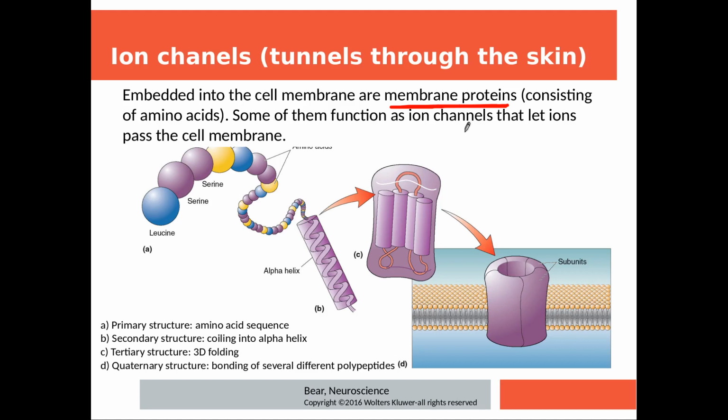And some of these basically are tunnels or holes in the membrane, called ion channels or channels, through which ions can flow into or out of the cell.